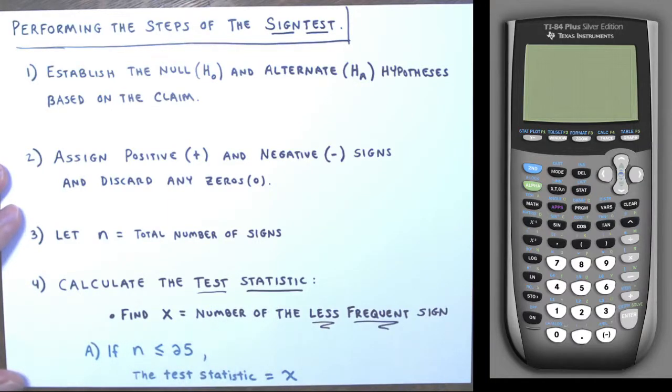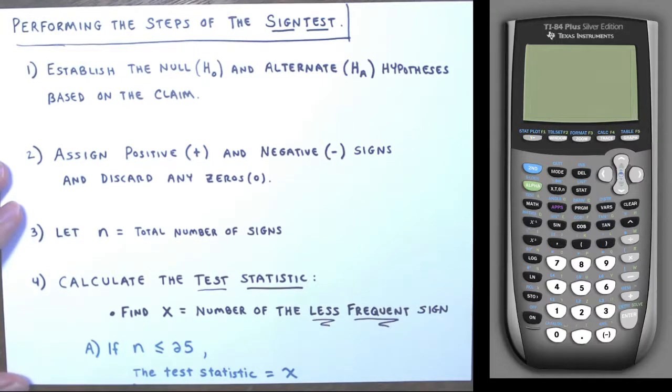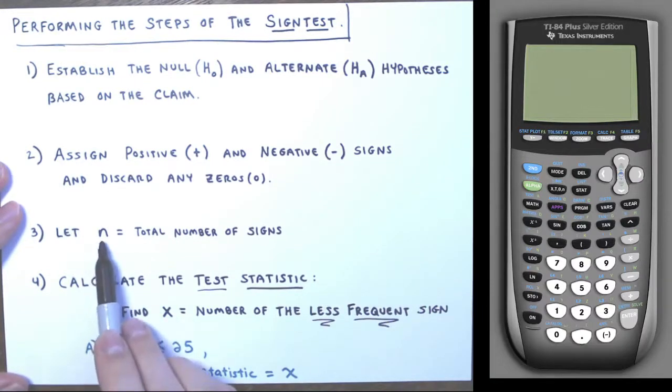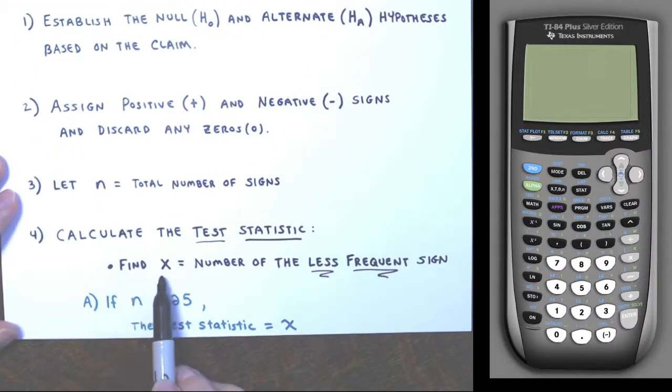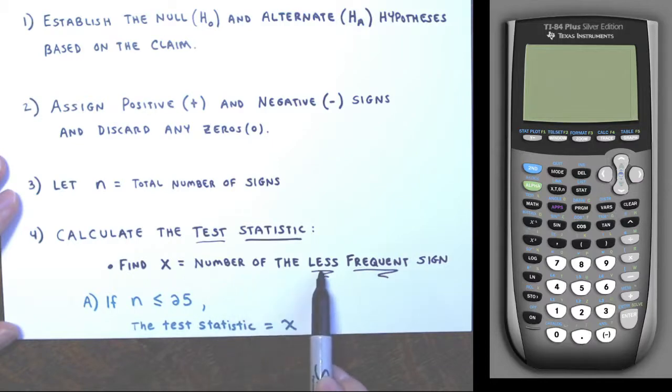Now, the test statistic for the Sign test depends on the size of this n. First you find what's going to be labeled as the value of x. You're going to see this x showing up. x is the number of the less frequent sign.